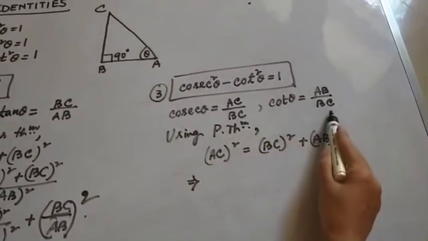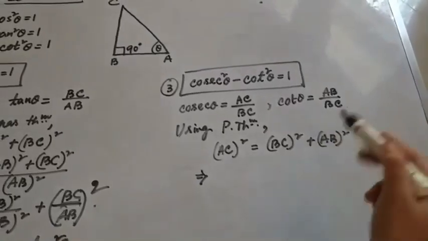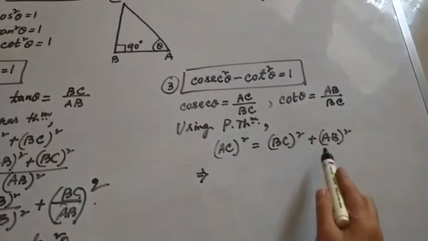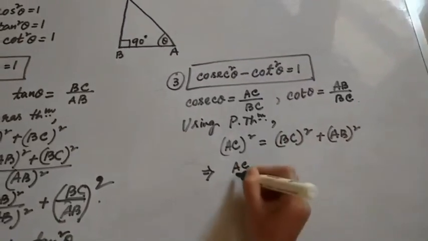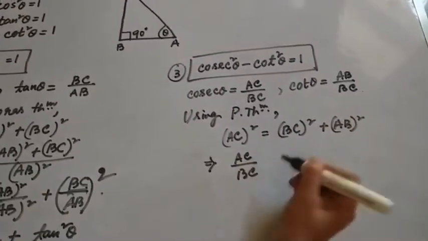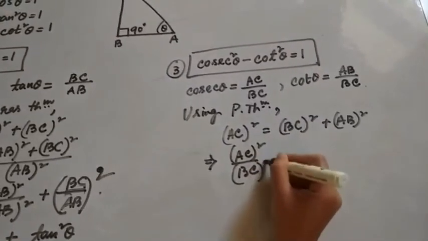BC is given in the denominator, that means you have to divide the left hand side and the right hand side by BC square.